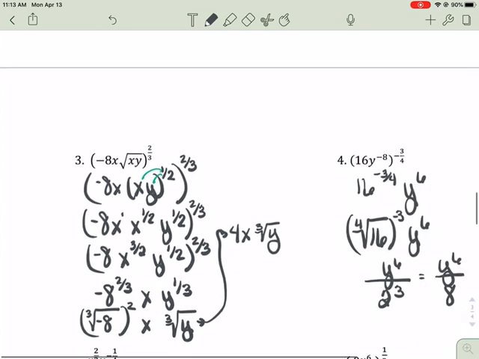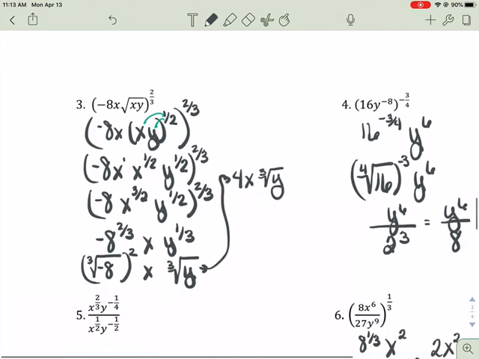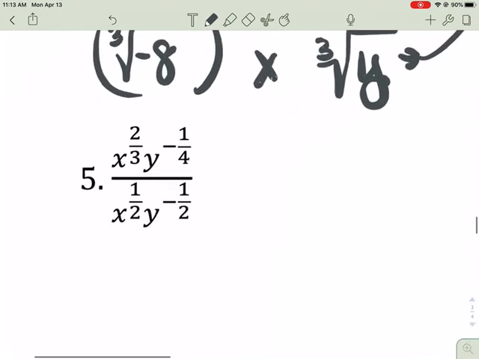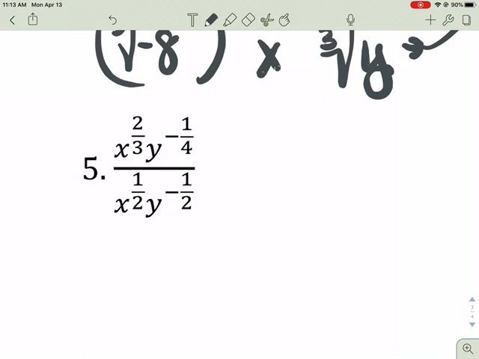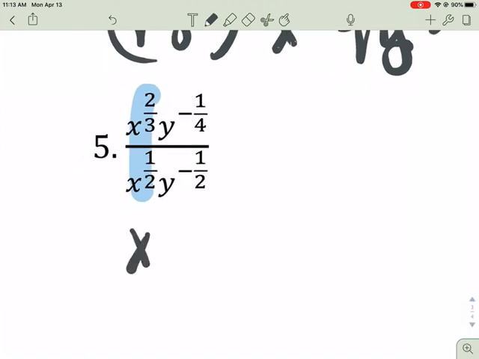Okay, why don't you guys try 5? And then we'll come back and do 4 and 6 on your own. So here we're dividing. Remember, we're going to subtract our exponents. So we're going to do our x's first. We're going to do 2/3 minus 1/2. We're going to need a common denominator. So it looks like 6.